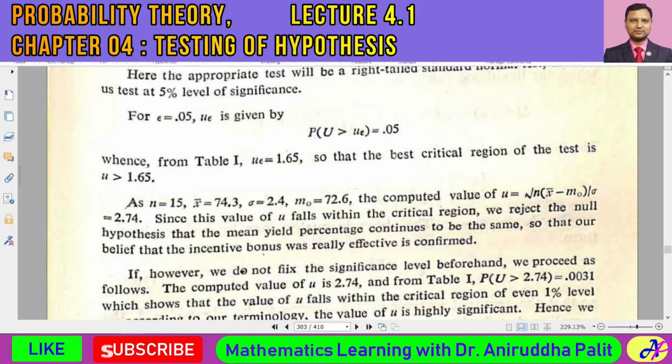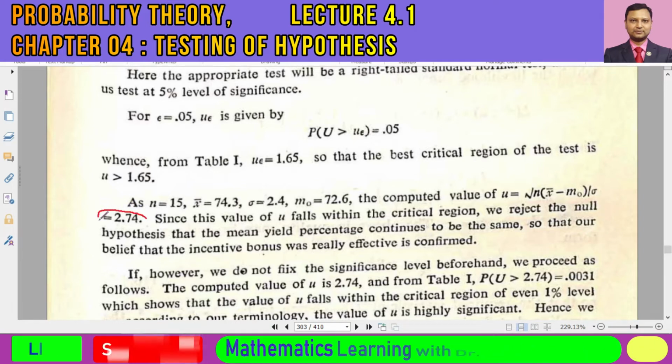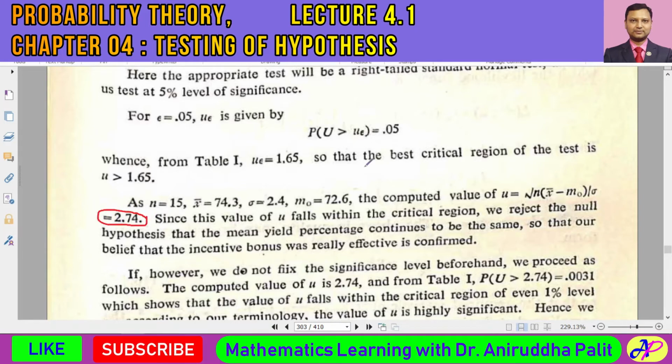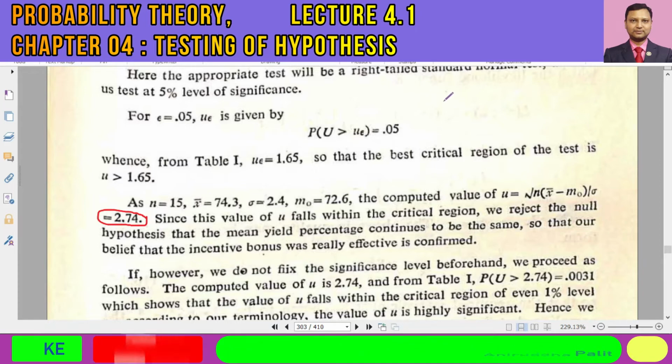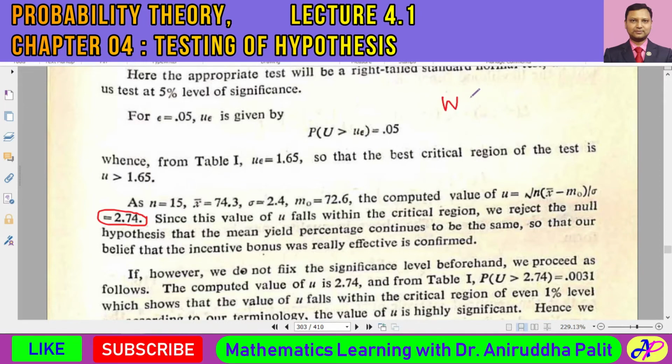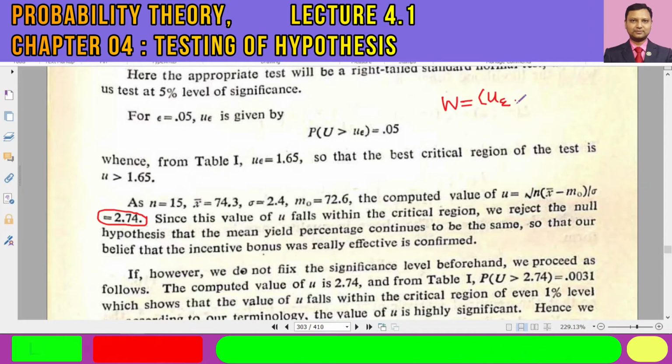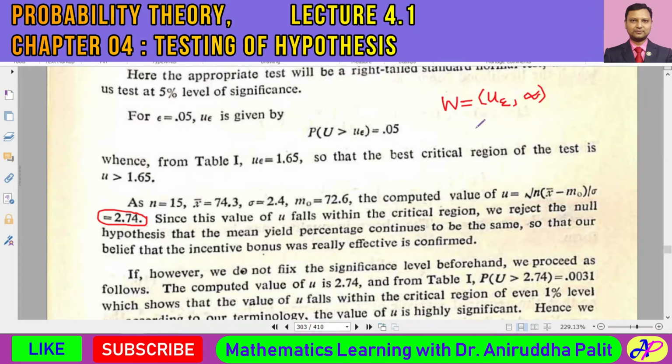Now we already got the value of the test statistic. Now what would be the critical region W? You see, I told you that W would be the critical region. This is a right tailed test, so the critical region would be U epsilon to infinity. Now what is U epsilon?